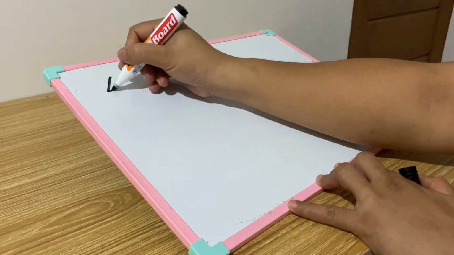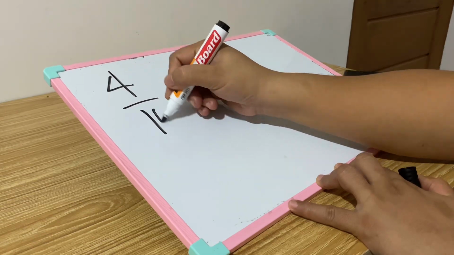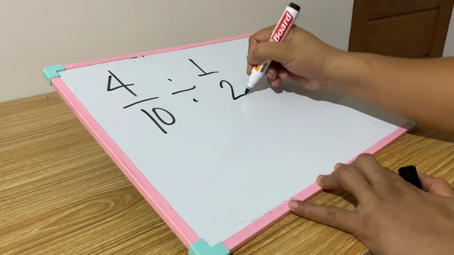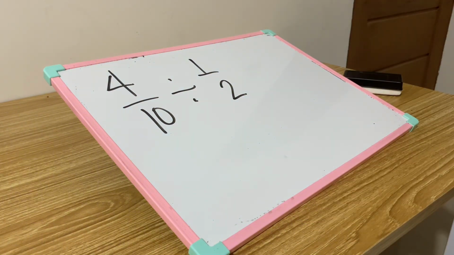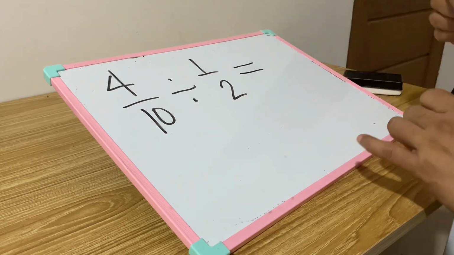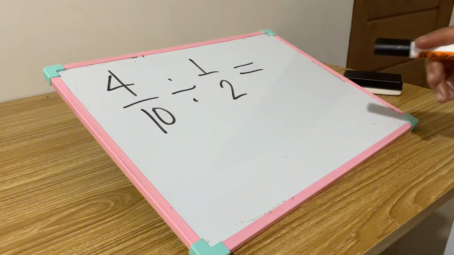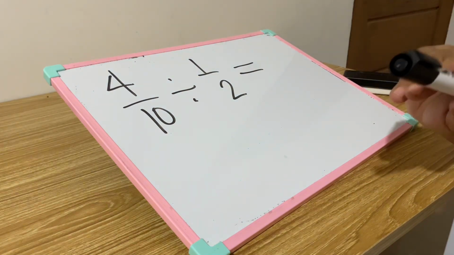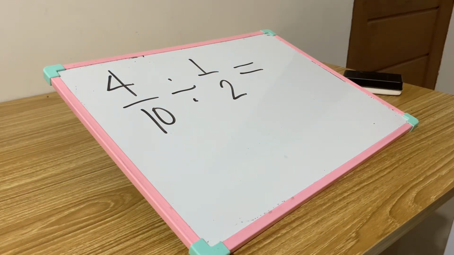Let's say 4/10 divided by 1/2. So what is the step in dividing 4/10 by 1/2? Simply, we will use cross multiplication.